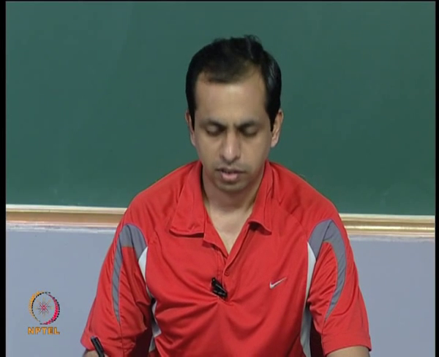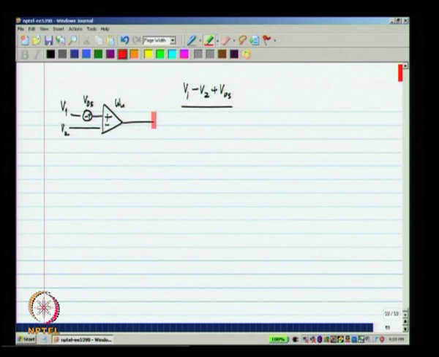So, consequently, when steady state is reached for constant inputs, the two inputs of the op amp will be at the same voltage. So, that means that the two inputs V1 and V2 will not be at the same voltage. Whatever we used to call the virtual short before, the voltage difference between the two inputs will now be separated by the offset voltage or VOS. So, this leads to errors in the circuit.